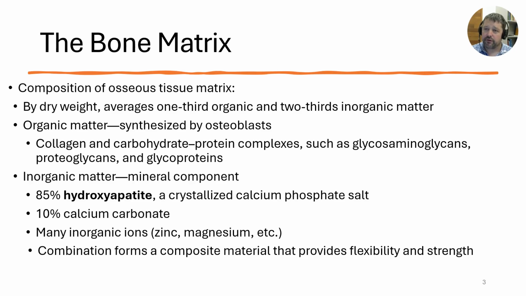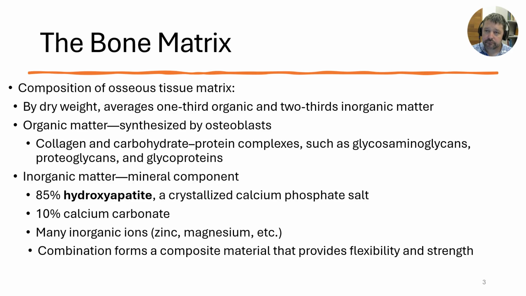Calcium carbonate is a material that we see in lots of other organisms. It's what makes up the shells of things like a clam or even a snail. Calcium carbonate is typically what's making that up, but that's about 10% of our bone.